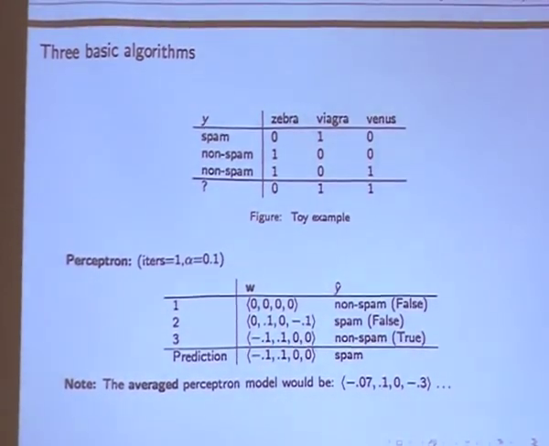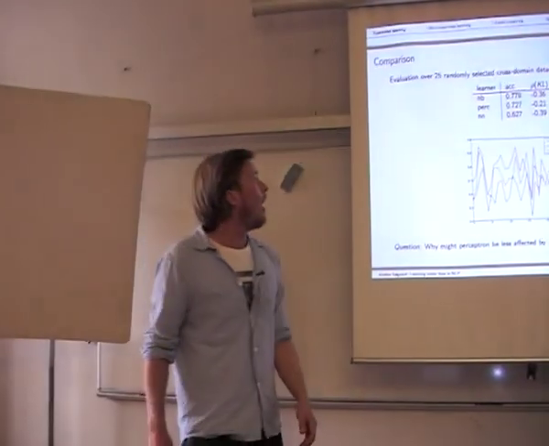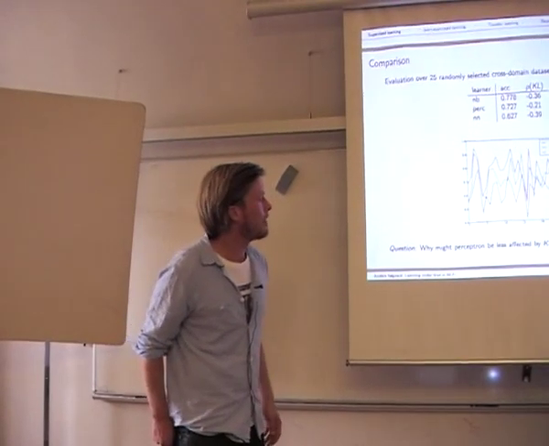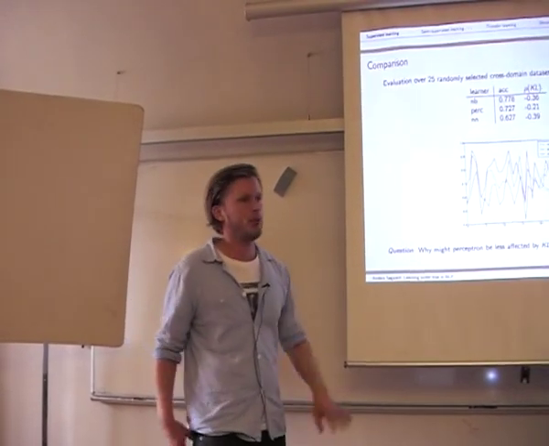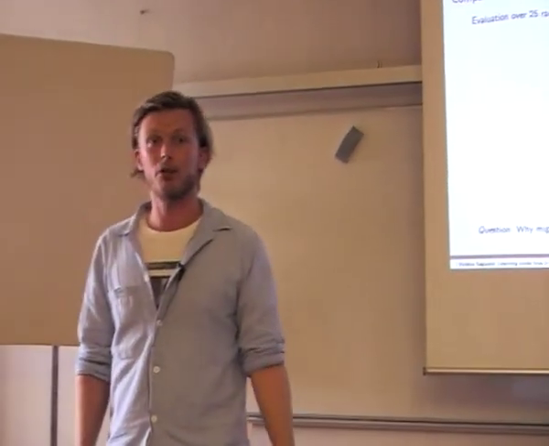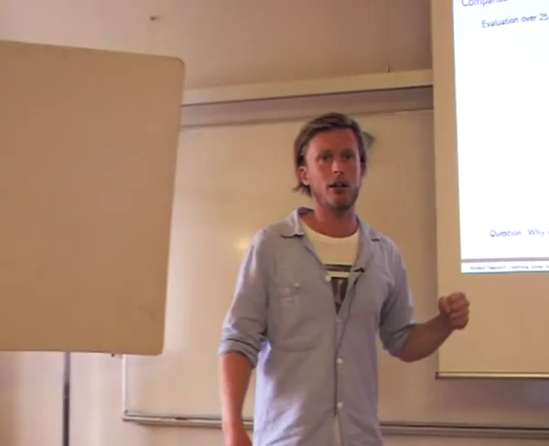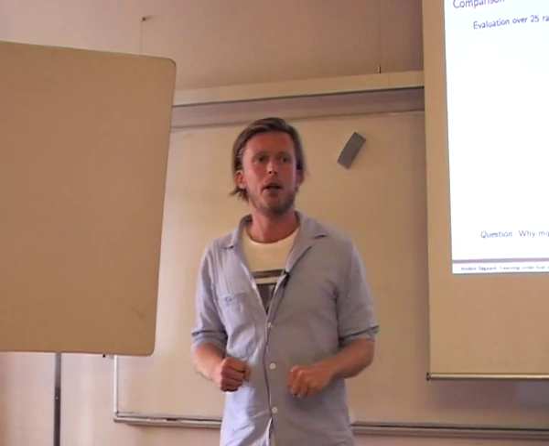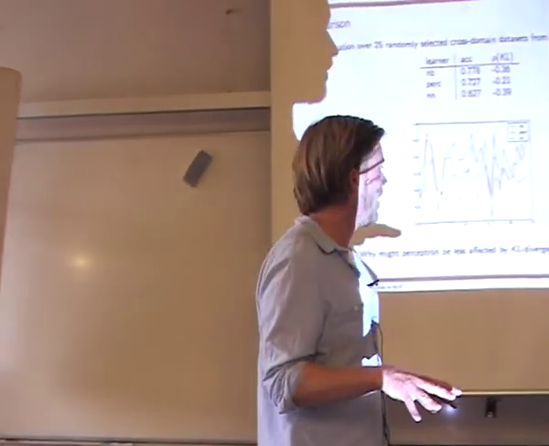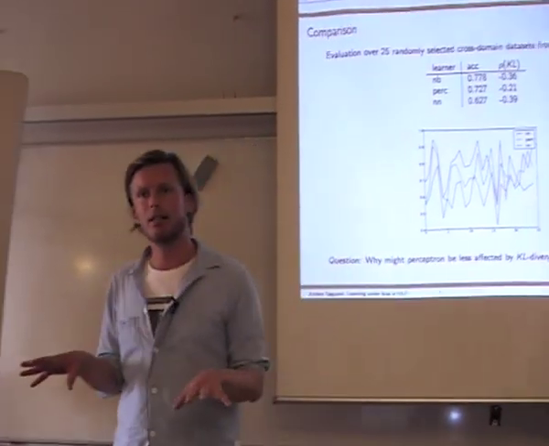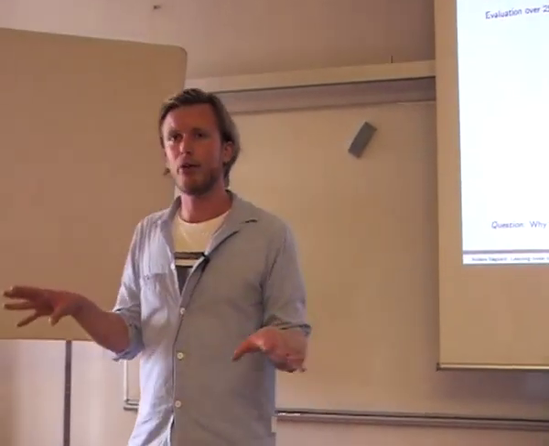Right. I'm going to get back to some of the intuitions as we go. Just a brief first evaluation of these learning algorithms on 25 randomly extracted cross-domain data sets. Okay, so I'm just going to talk today about cross-domain data sets because I think that's another take-home message.